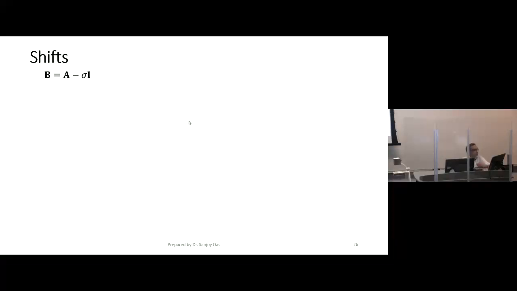Shifts. Let's say B equals A minus some scalar sigma times I. Can you see what's happening here? A is some square matrix and B equals A minus sigma I. What's happening here is that from all the diagonal elements of A, I'm subtracting this sigma. So I'm shifting the matrix, and you'll see why it's called a shift.